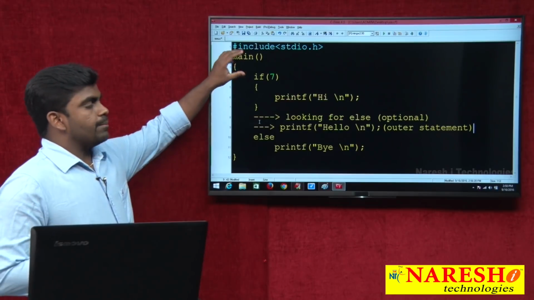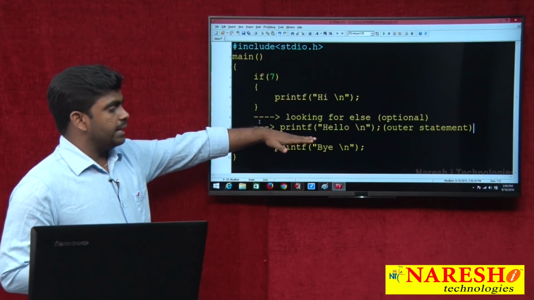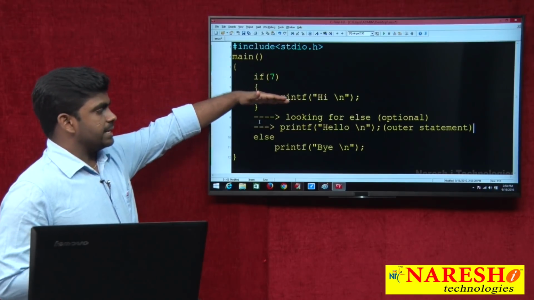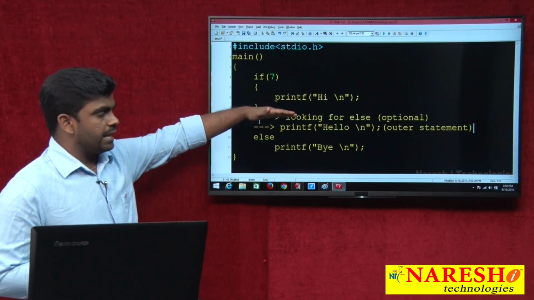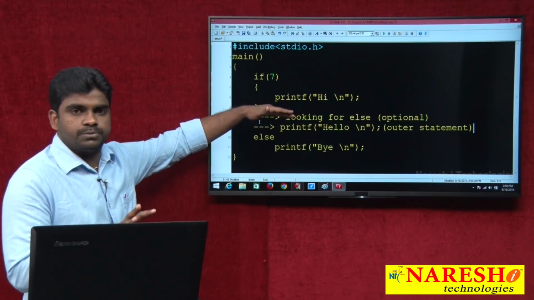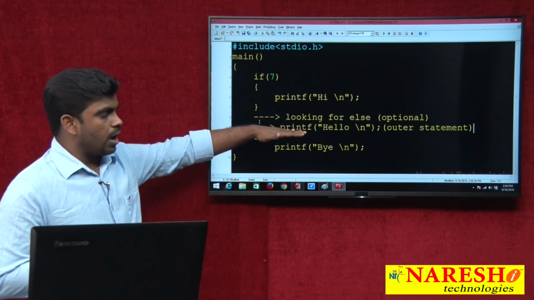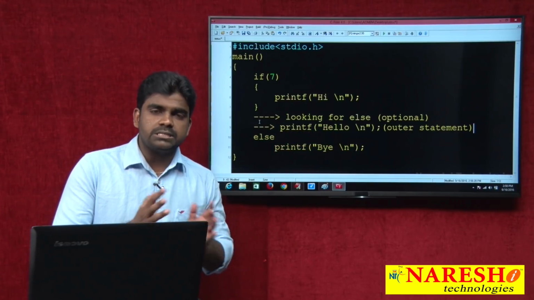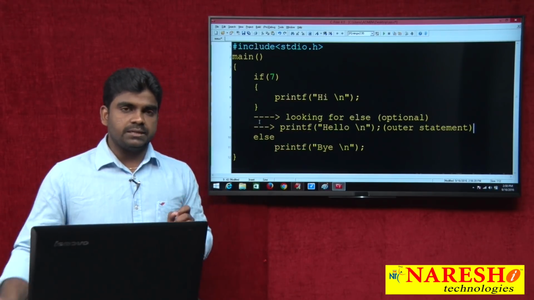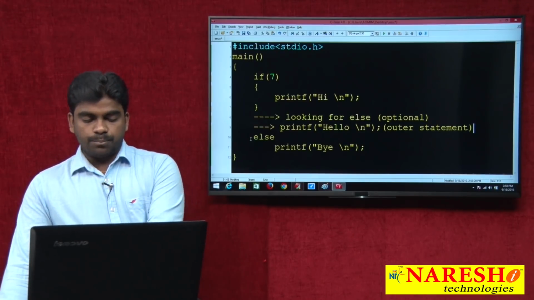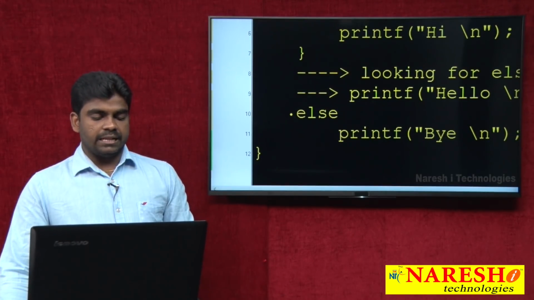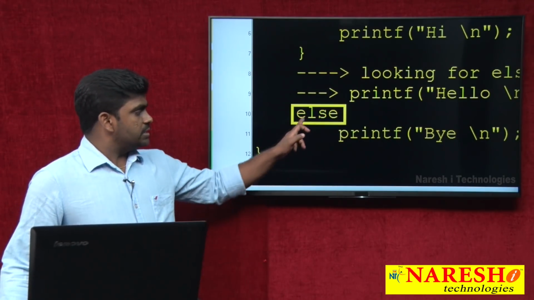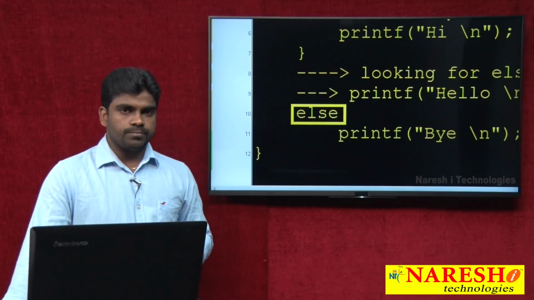So according to the compiler, up to here no error. In the first statement no error, second statement no error, next it is looking for else, of course the else block is not there, optional, and next it is looking for an outer statement. Yes, it is considered as the hello statement, an outer statement of the if else. But next, whenever the compiler reaches this else statement, it is looking for the if block.